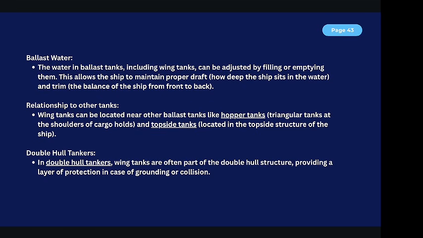So, relationship to the other tanks. The wing tanks can be located near other ballast tanks like the hopper tanks, or what we call the triangular tanks at the shoulders of the cargo holds, and the topside tanks, which are located in the topside structure of the ships.